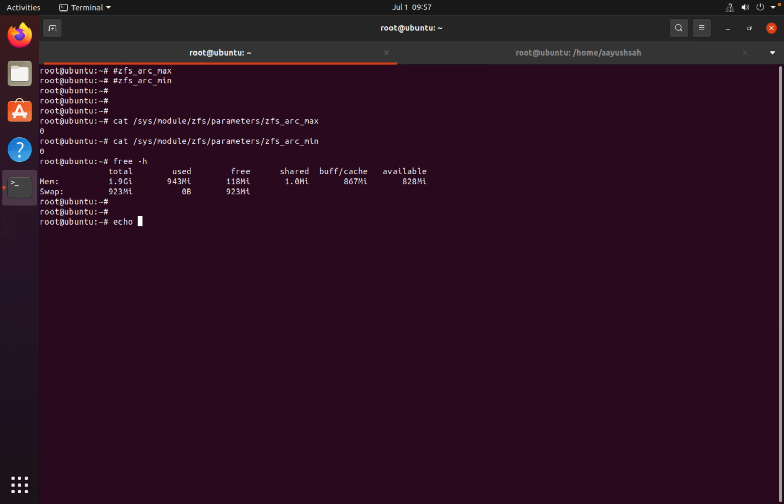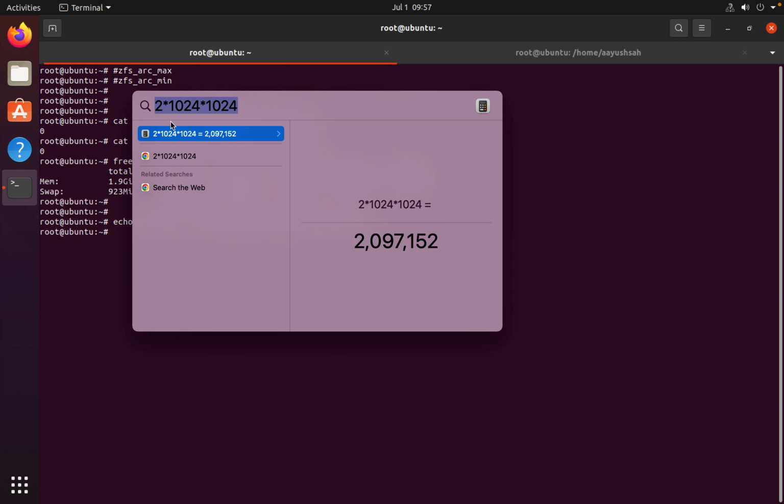So echo 2097152, and then into sys module zfs parameters zfs_arc_min, hit enter.